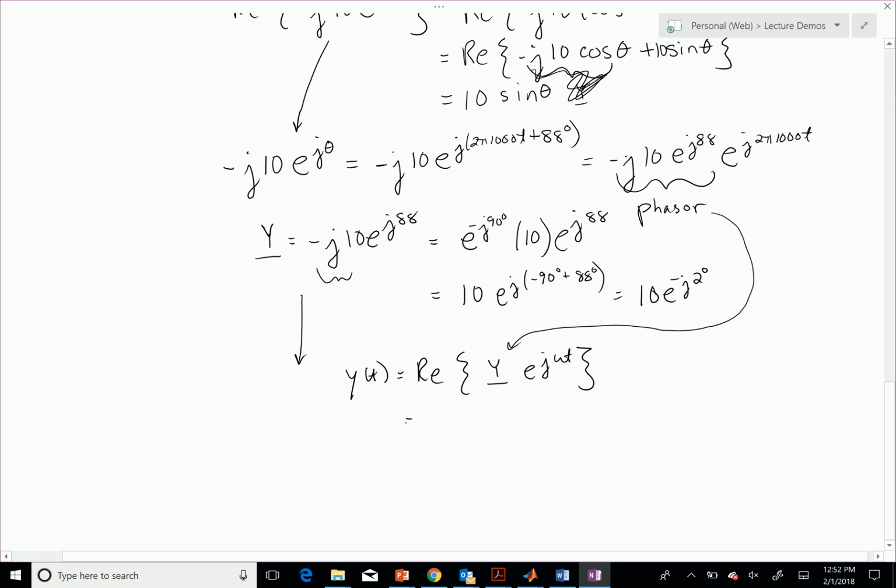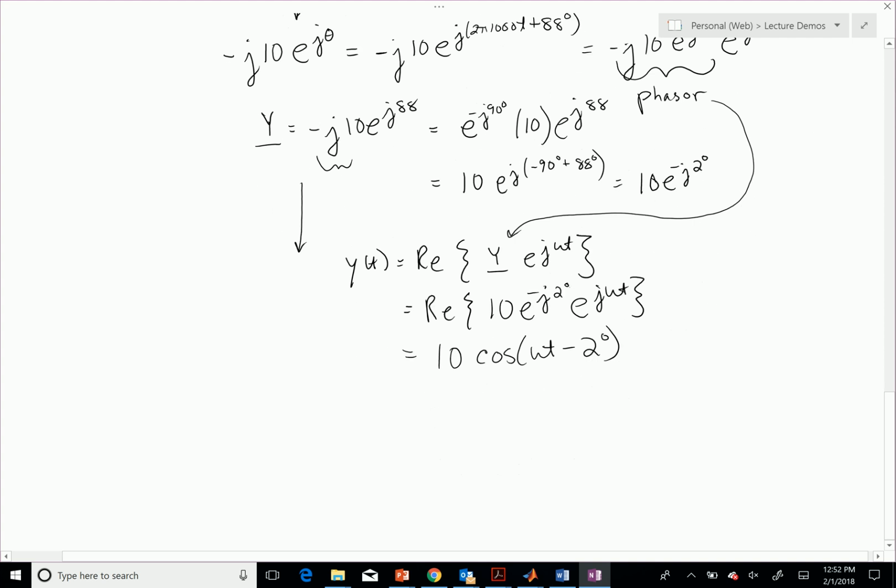And so I can write this as real part of 10 e to the j negative 2 degrees times e to the j omega t, which if I expand that out, it's just 10 cosine omega t minus 2 degrees, like that.